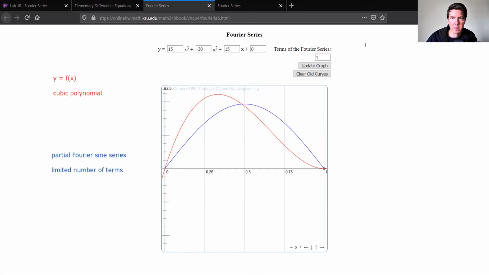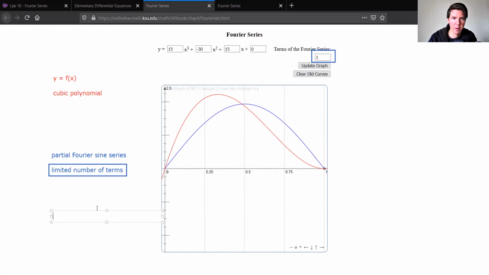In particular, that number of terms is decided by what is put here. So that's the limited number of terms. If you were to write, let's say, one term, what that would look like is the following.